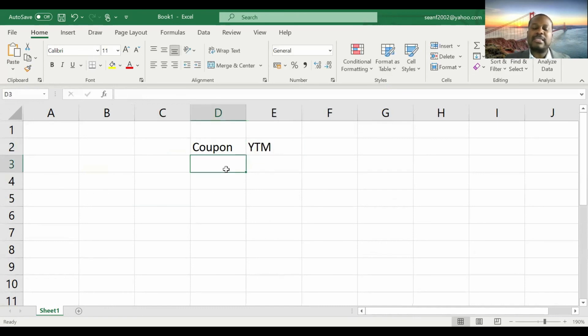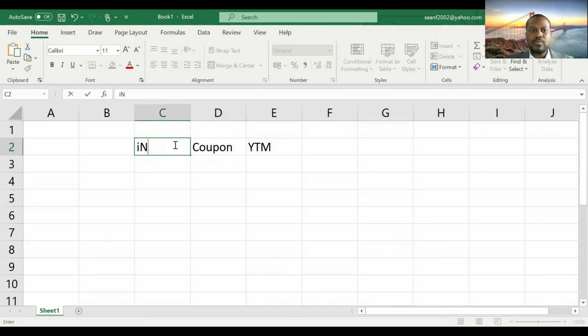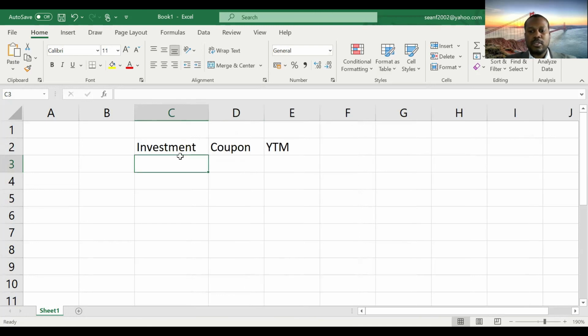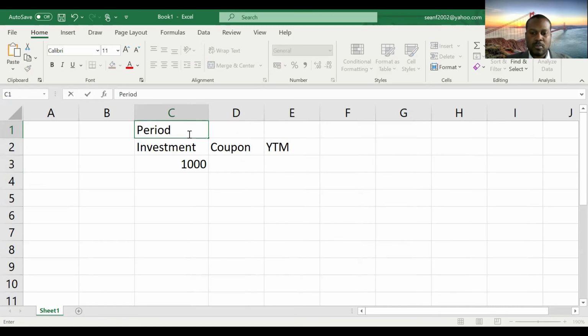Okay, so let's just say we are investing 1,000 for 5 years. So the investment is 1,000, and the period is say 5 years.